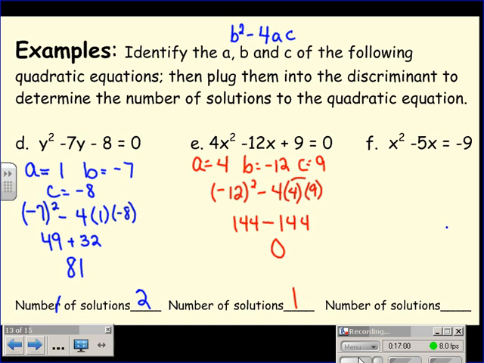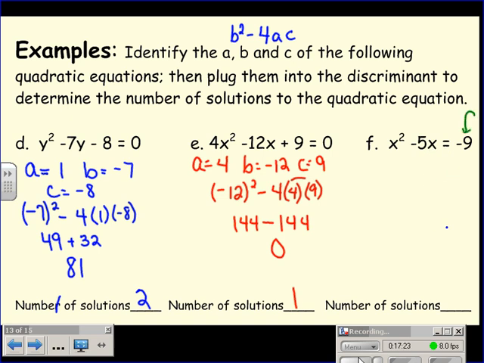In our very last example, we have a is 1, b is negative 5, and our c, oh, I didn't even notice that at first, so let me go back just a second. If you look here, I have a c.